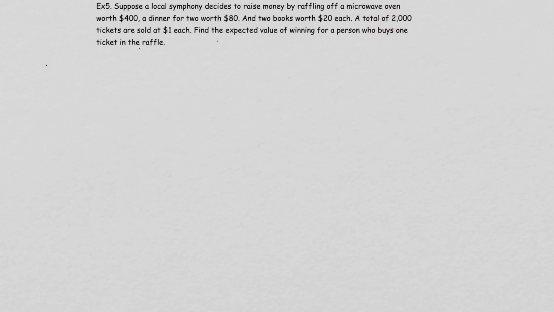A total of 2,000 tickets are sold at $1 each. Find the expected value of winning for a person who buys 1 ticket, right? So let's do that. We want to see what's going to happen in this raffle.